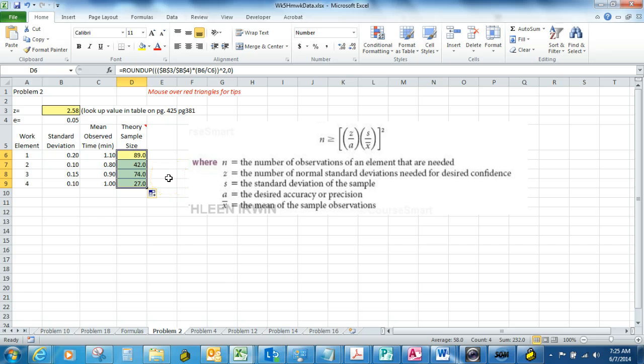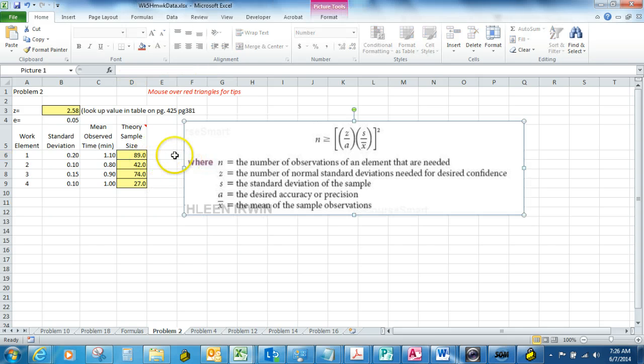What that's going to do is round that number up regardless of what you've got going on. Before, this number had some trailing decimal places, and it was under 0.5, so it had rounded the number down to 88.